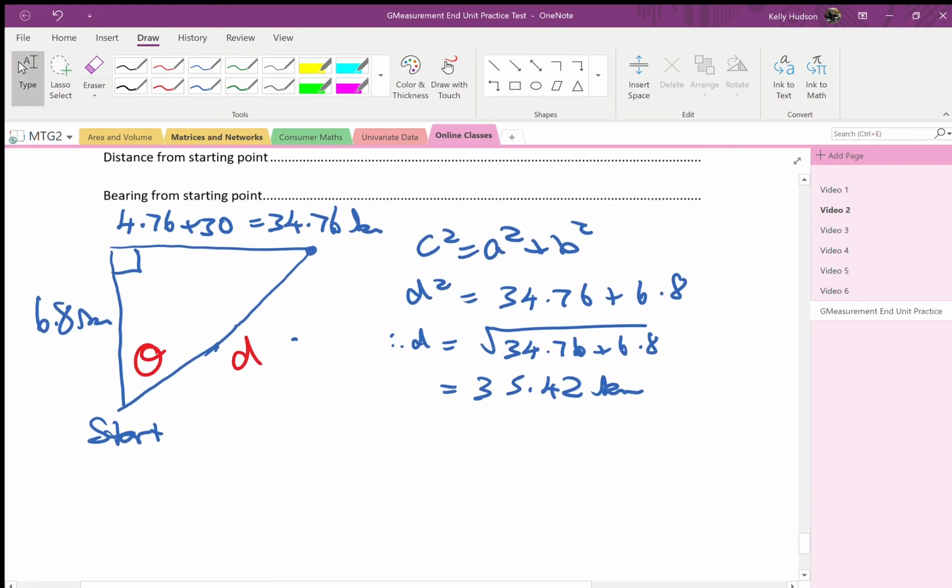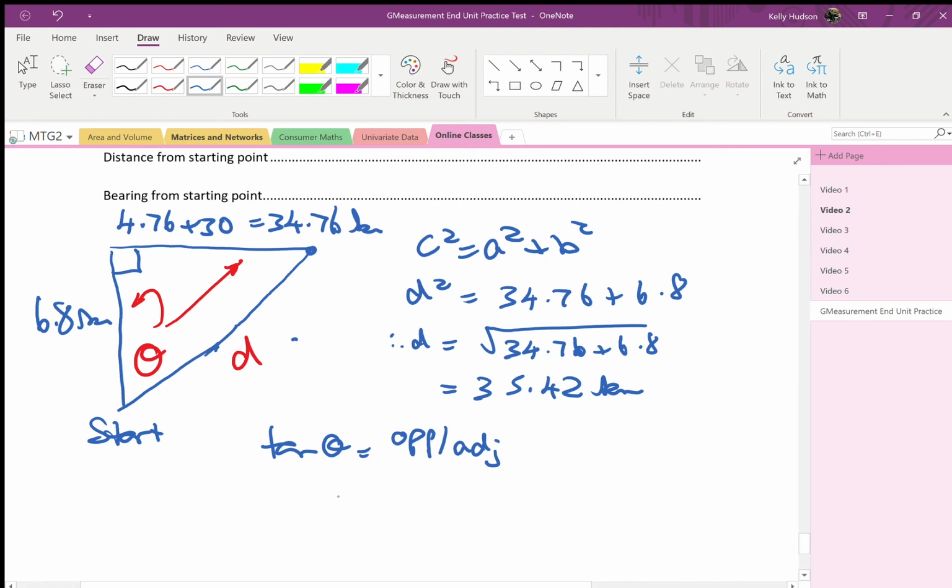And my last thing is to work out my bearing. Now to do my bearing, I could use sine, cos or tan. I think I'll just use tan. Tan theta is equal to my opposite over my adjacent. Okay, so which one's my opposite side? Here's my opposite. Here's my adjacent. I could use sine or cos, of course, but I might stick with tan.